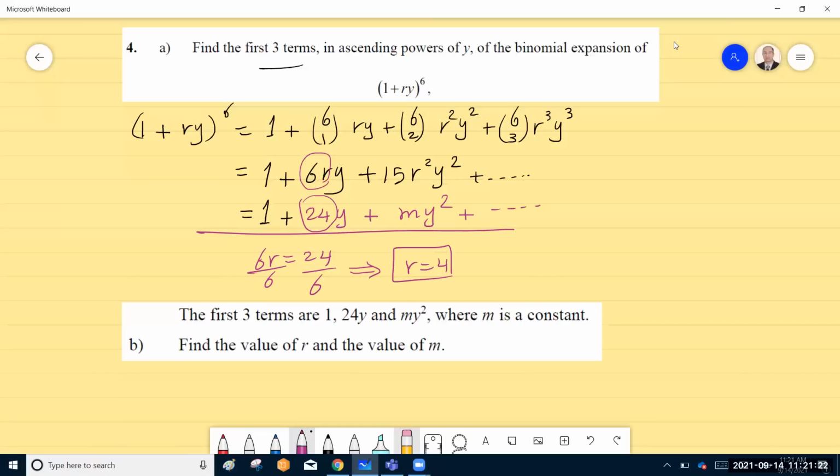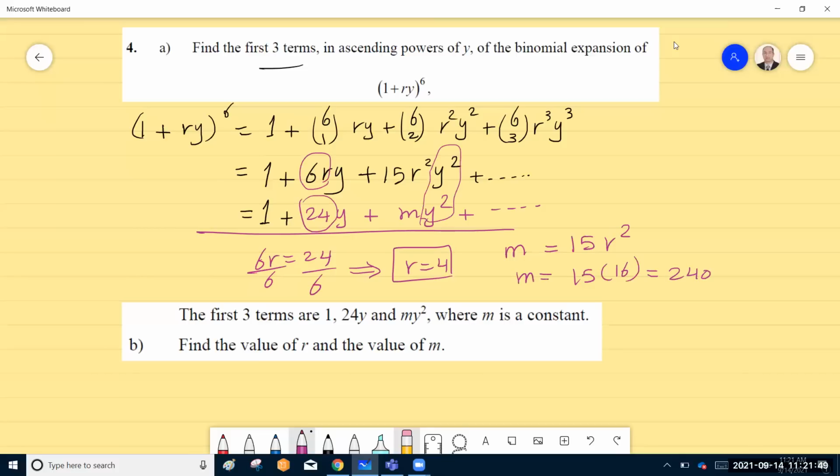Also the y squared coefficients are the same, so m will be the same as 15r squared. We calculated r as 4, squared is 16, and 15 times 16 is 240. So m equals 240.